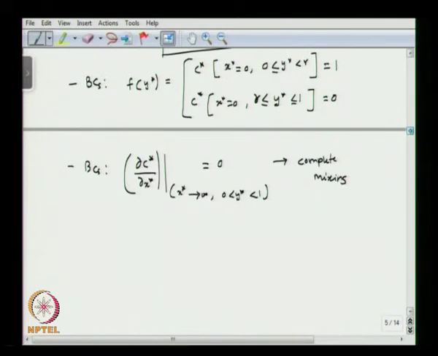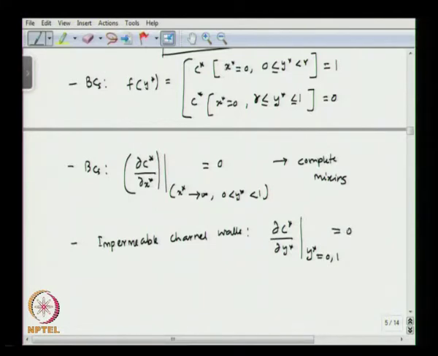So the other boundary condition is that we are assuming impermeable channel walls, so nothing is crossing the channel wall, okay. So in that case, the concentration variation del C star over del y star at y star equal to 0 or 1 is going to be 0, right.